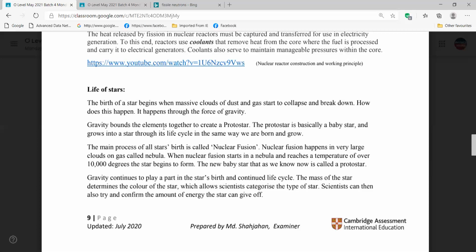Now, at least we can get an idea that there is some condition working over there, like they said, massive clouds of dust and gas start to collapse and break down. And how is it happening? Due to their attraction to each other. That is called gravity. Is it clear? A little bit clear.